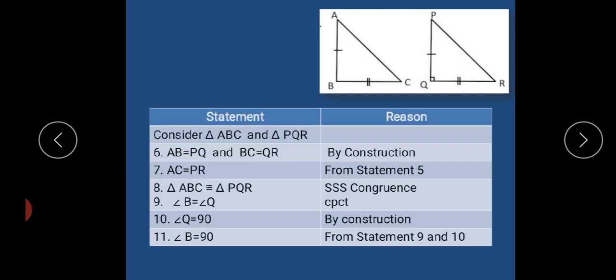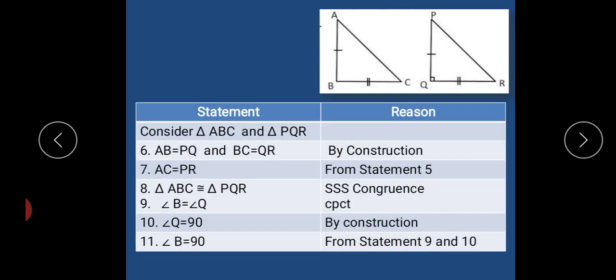Now we consider both the triangles. AB is equal to PQ and BC is equal to QR. This is by construction. And AC is equal to PR, just we proved from statement 5. Therefore, two triangles are congruent by SSS congruency.